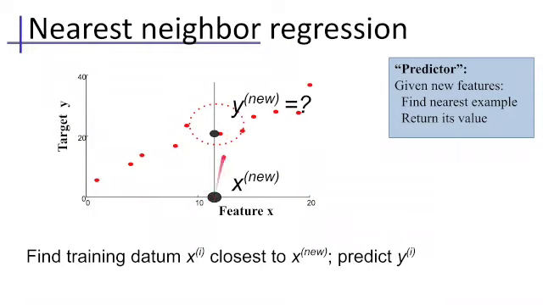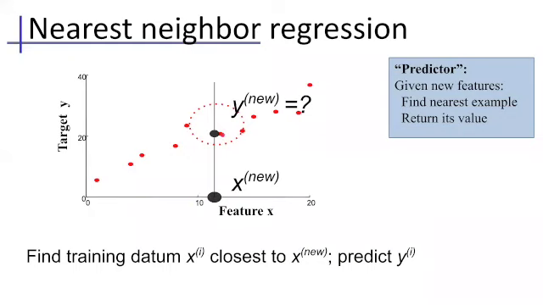If you look along the x-axis, which one is closest to X new? You can see immediately that this red dot is closest. I just want to make sure that when we evaluate this closeness, it's only along the x-axis, because the y-axis is the prediction. So, of course, along the x-axis, this is closest.